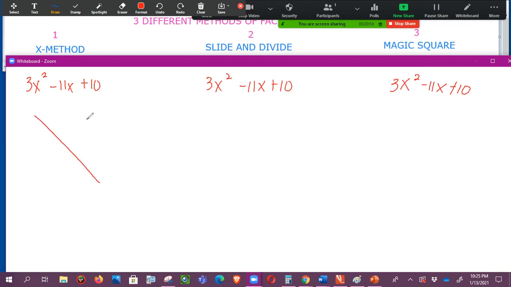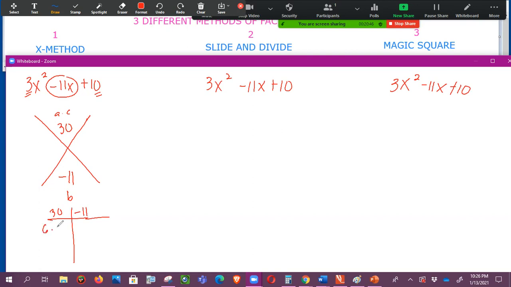Okay, draw an X method, a big X. Multiply a to c, that will be 30. Write the middle term in the bottom part. And then think of a factor, this is the b value. Think of a factor for 30 that will make a sum of negative 11.